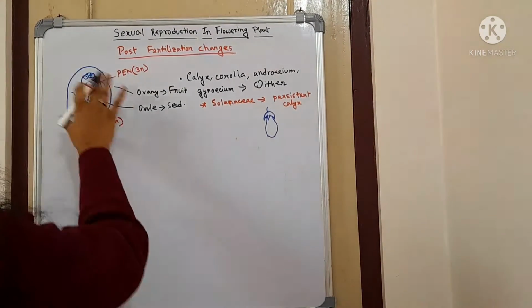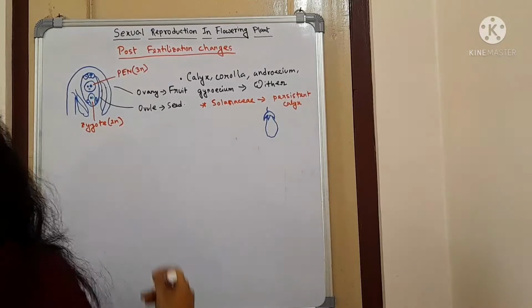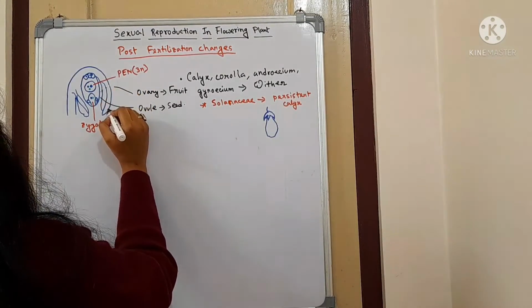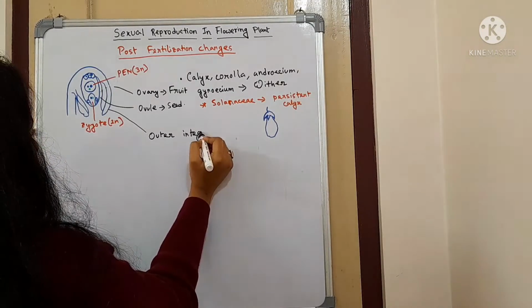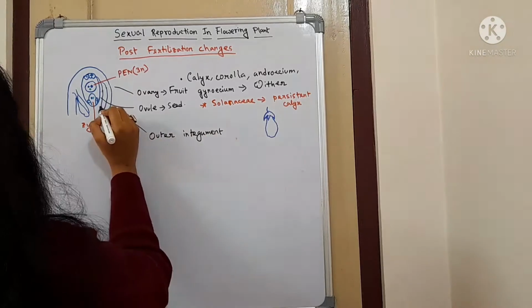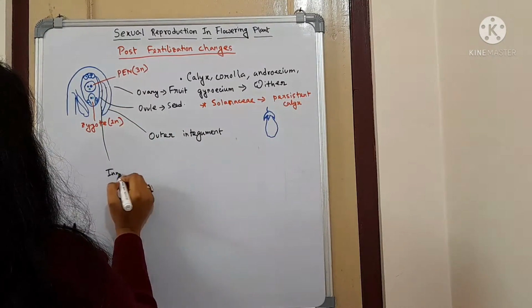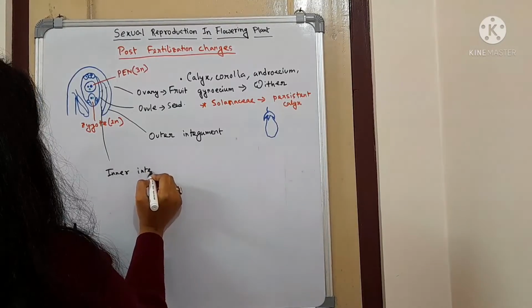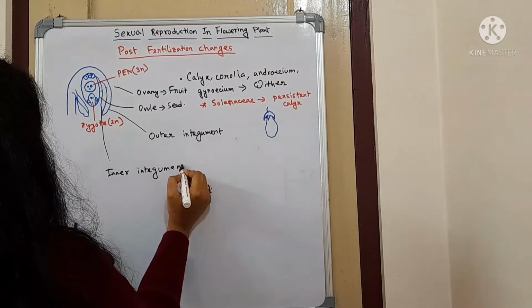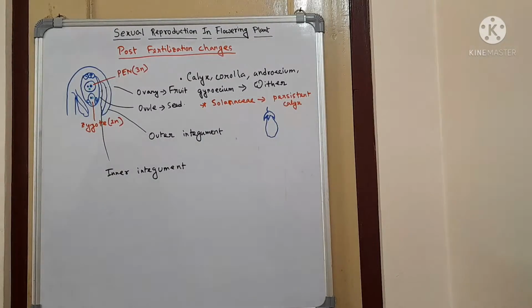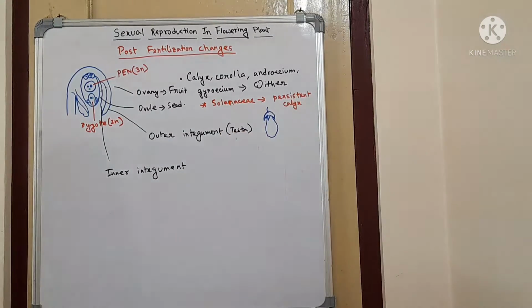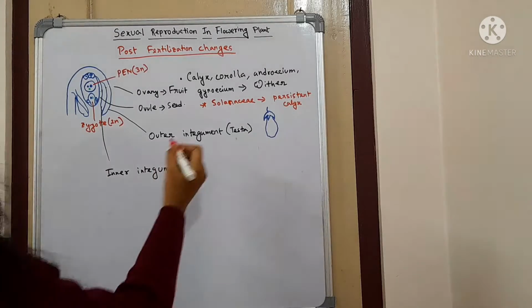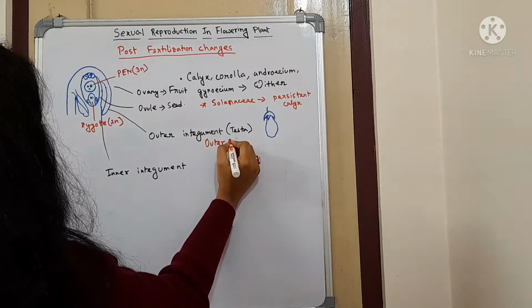Now what will happen to the rest of the parts? This is the outer integument, and this is the inner integument. The outer integument will become the testa, that is the outer seed coat.